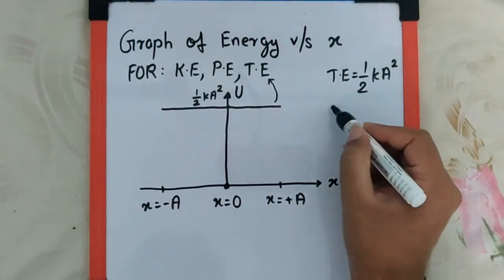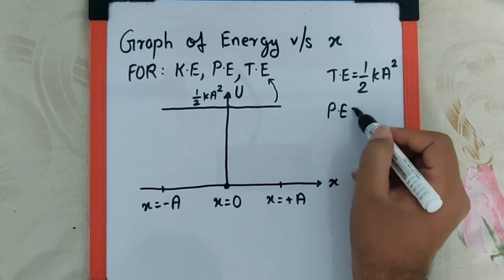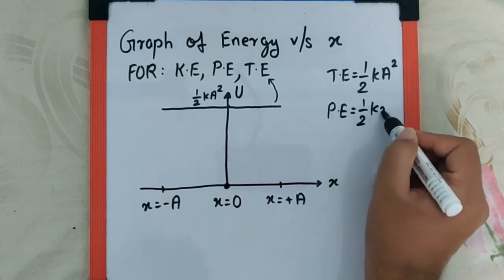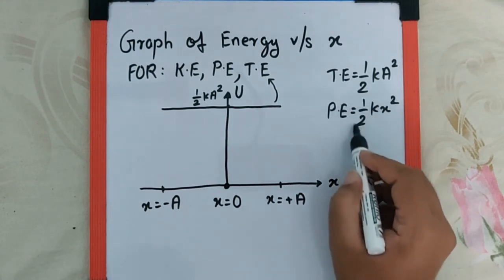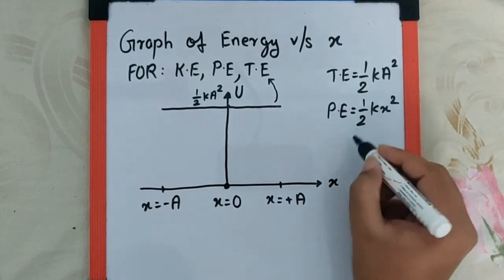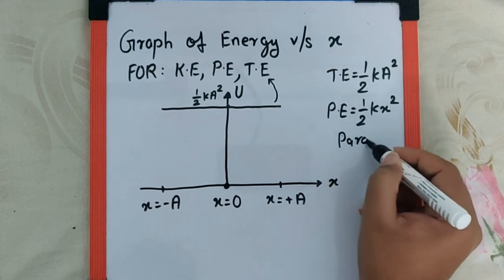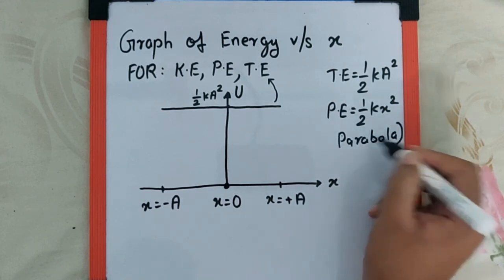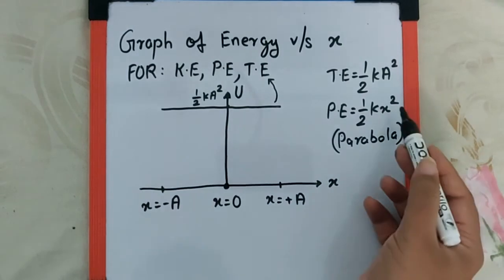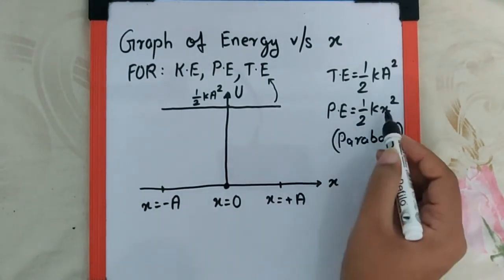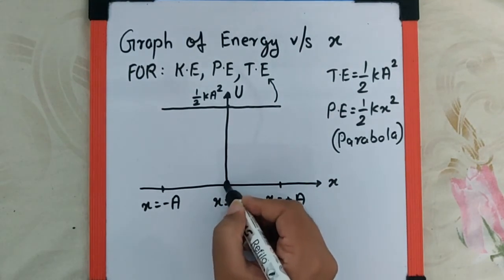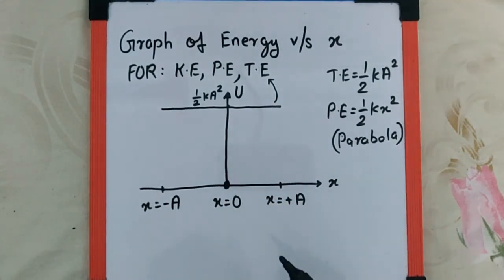Now if we try to plot the graph for potential energy, which is half k x square, it is very much similar to y directly proportional to x square, which is an equation for a parabola. So definitely the graph will look like a parabola. So let's say x is 0. If we plot over here, then the potential energy is also 0, which means this is where the coordinate of potential energy would be.